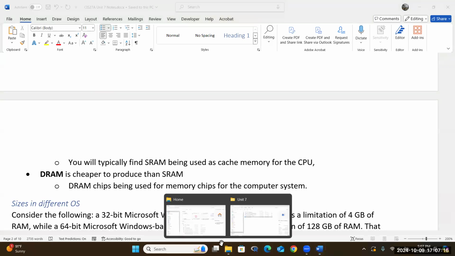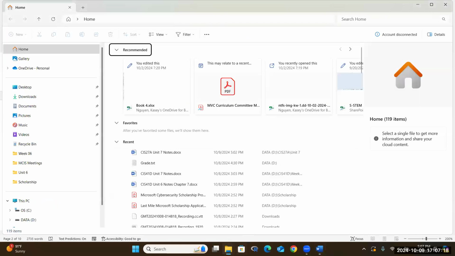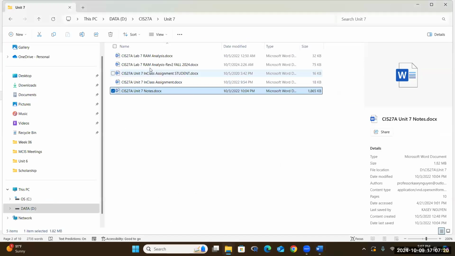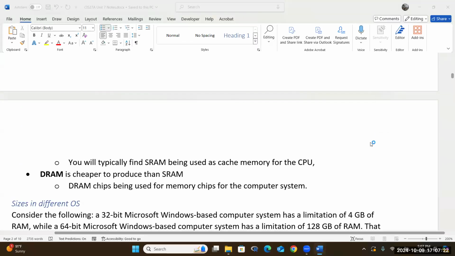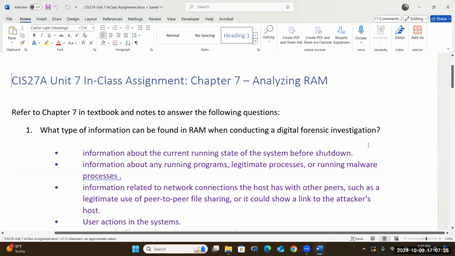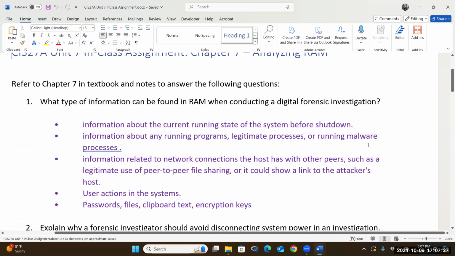Okay, so let's answer some questions. The first question asks, what type of information can be found in RAM when conducting a digital forensic investigation?